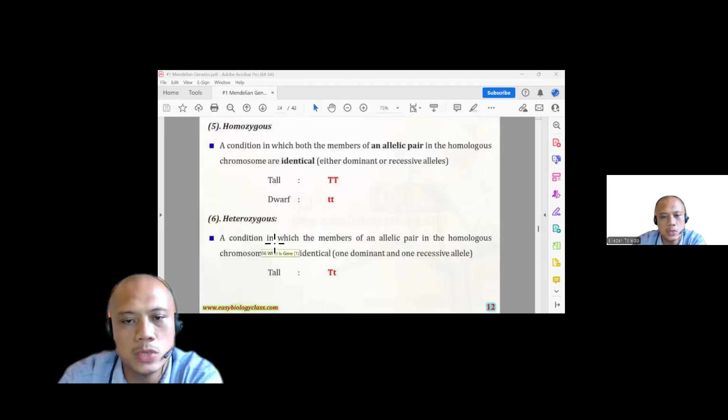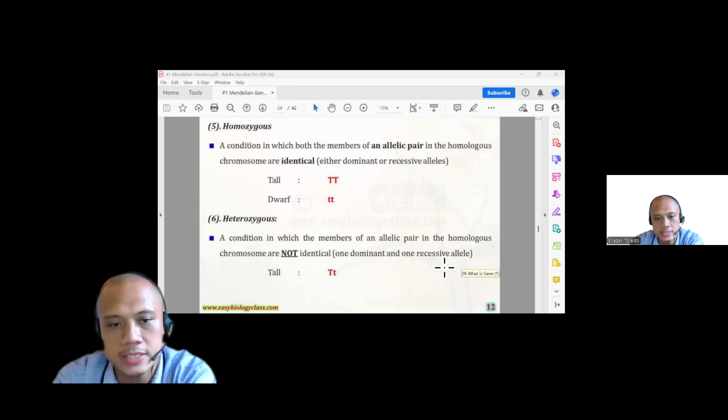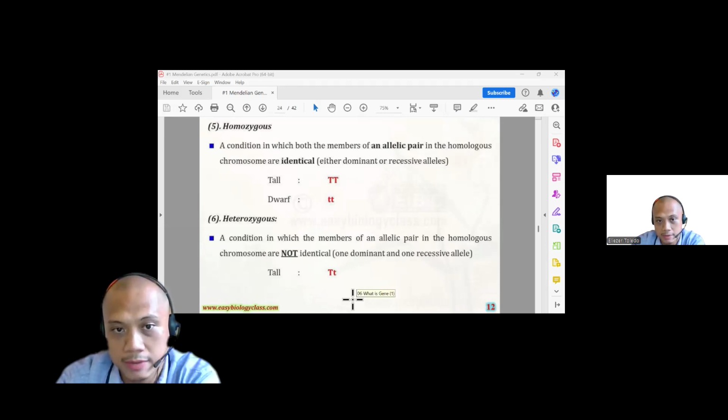A condition in which the members of the allelic pair in the homologous chromosome are not identical. One is dominant and one is recessive. Now remember that dominant traits would always be expressed. If I'm going to ask you what is the genotype, this is when this terminology would come out. Either you use homozygous or heterozygous. Coming from the example, what would be the genotype of this offspring?